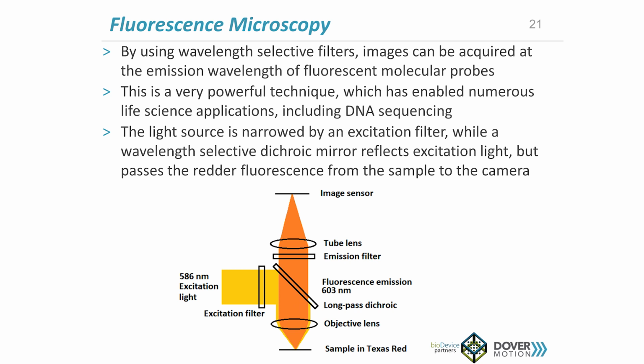The fluorescence emitted by the sample is collected by the objective lens and is passed through the dichroic and onto an emission filter, whose main purpose is to remove any scattered excitation light. That remaining red shifted light, or fluorescence, is focused by the tube lens onto the image sensor for detection.